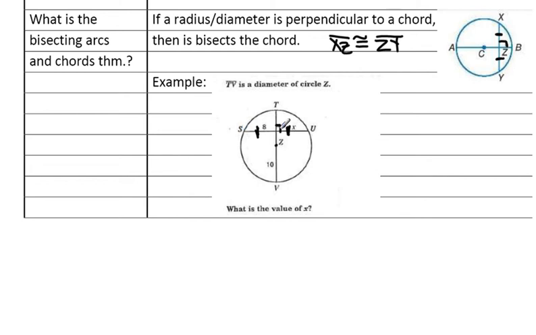So if the length of S to this point is 8, then the length of this point to U is also 8. So X in this picture would be 8. Very easy. This 10 right here, that's actually the radius, but that's worthless. We don't need that information when we have the bisecting arcs and chord theorem.